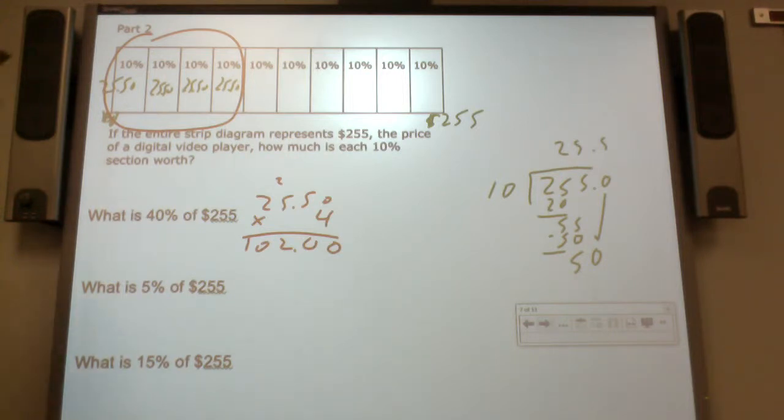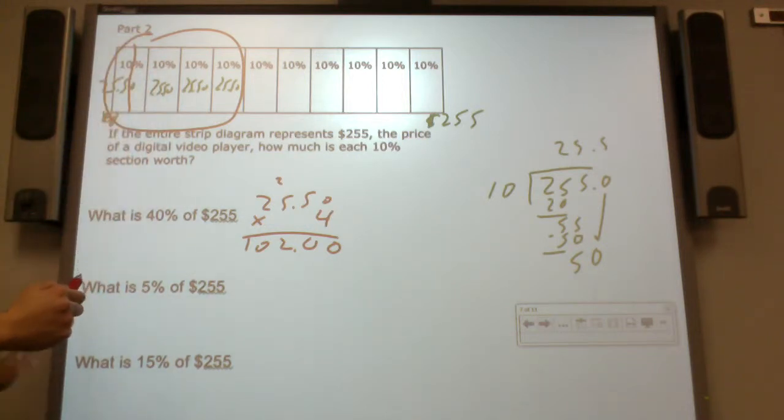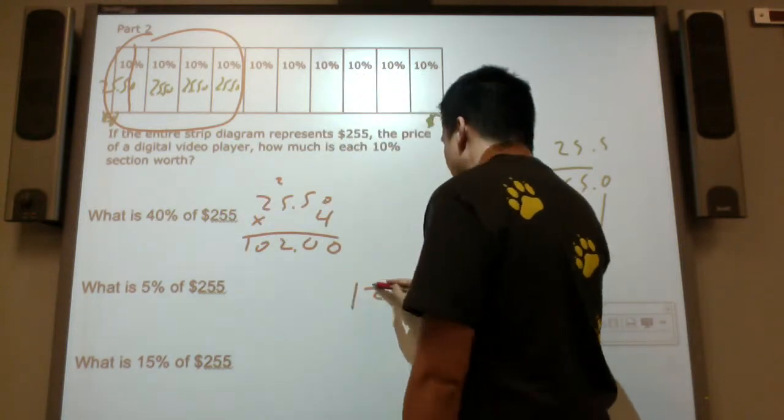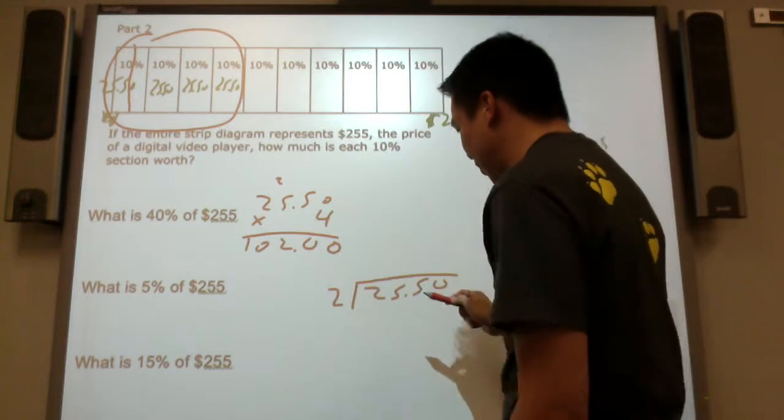We'll make it a little harder. What is 5% of $255? If 10% is $25.50, then 5% means we need to split it into two sections. So I need to divide 25.50 into two sections, splitting 10% into 5% and 5%.